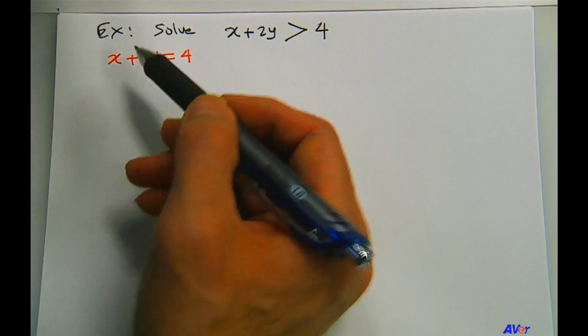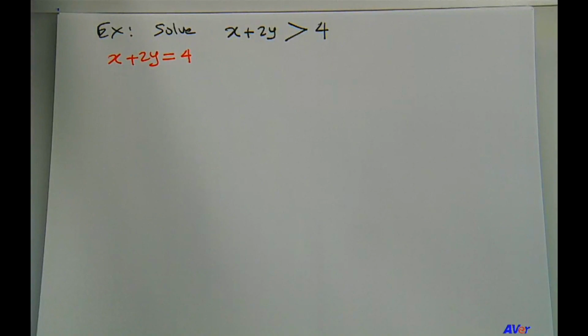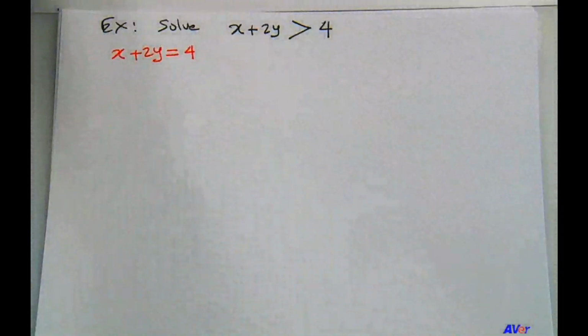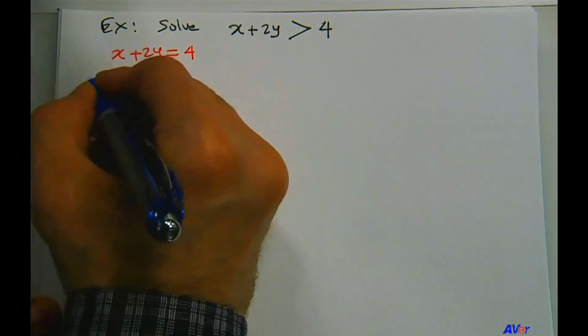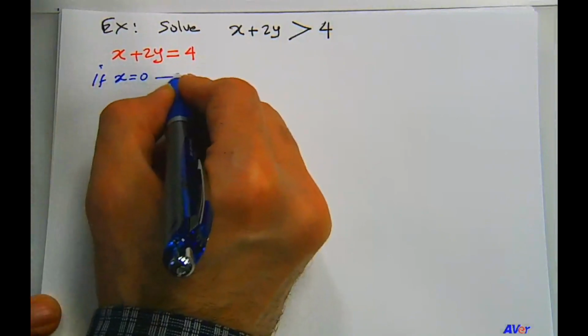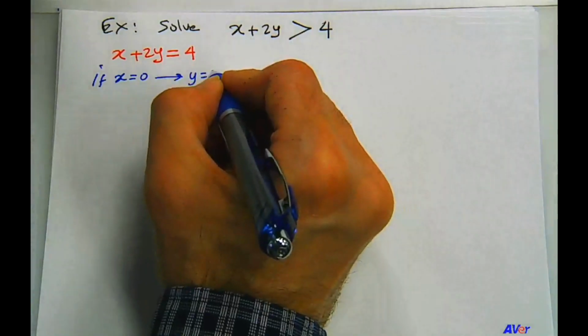But the easiest points to pick are the intercepts, because one component is always 0. So I'm going to use the x and y intercepts, simply because it's easier. If x equals 0, which means we're looking for the y-intercept, then y would be equal to 2.